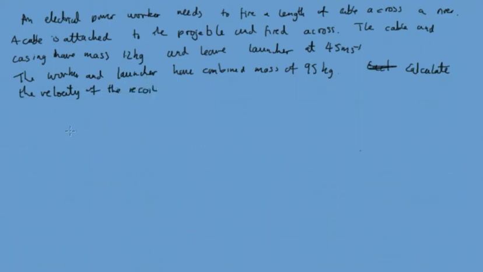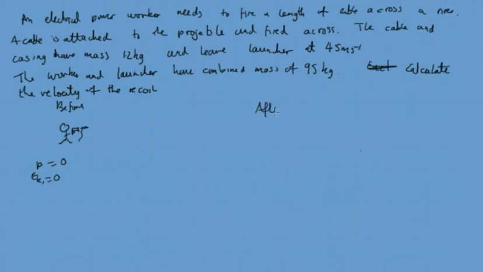So you've got the man and this launcher thing, I'll just draw a gun, and this thing that he's going to fire off. This is before, and before you've got momentum is 0 and kinetic energy is 0.